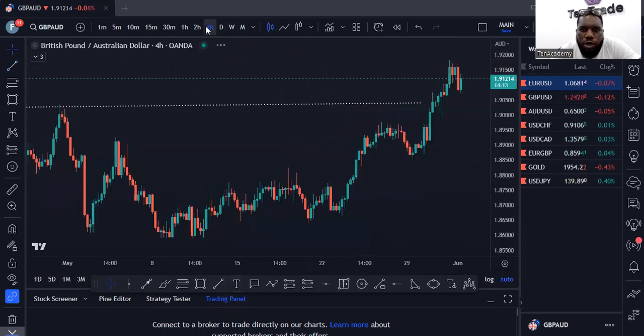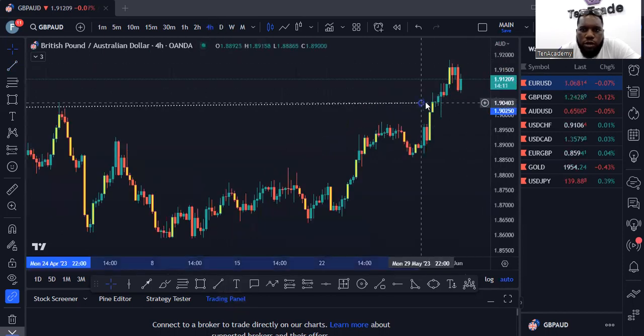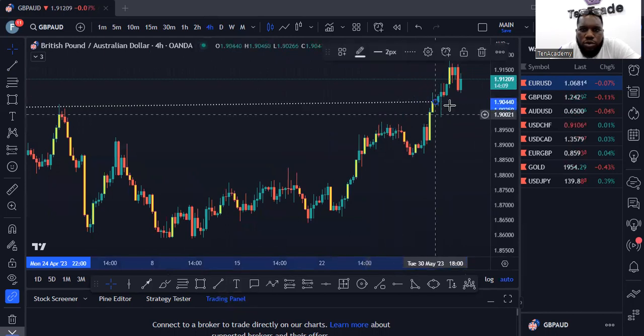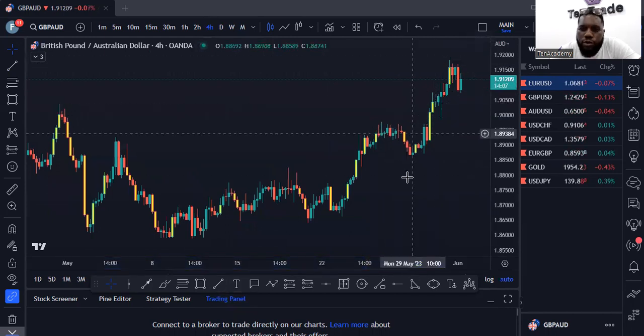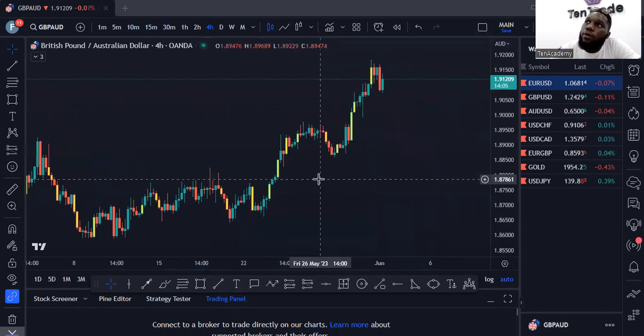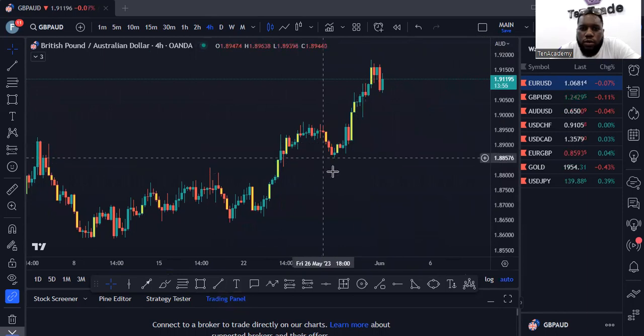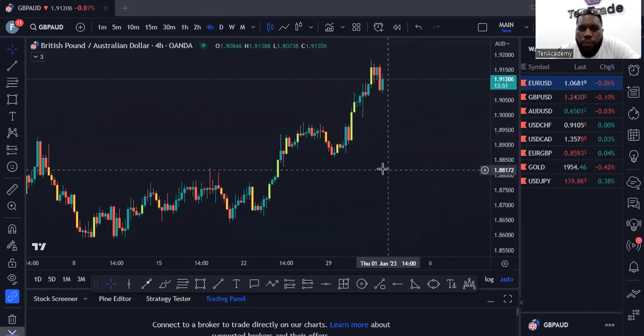Let's go to 4 hours. 4 hours is also bullish. Okay. So we have bullish on 4 hours.